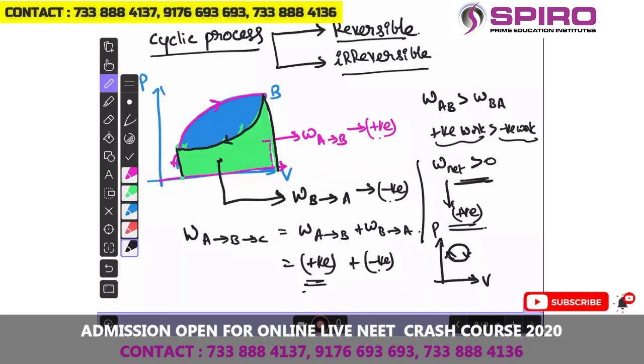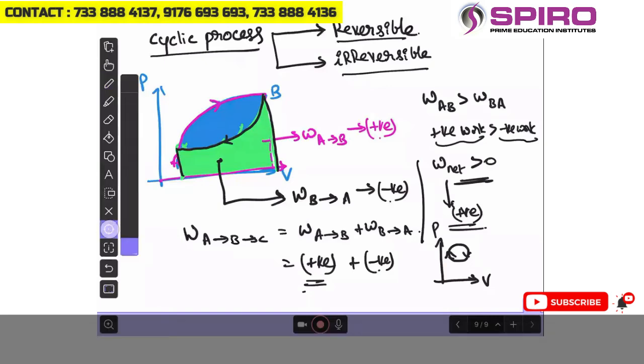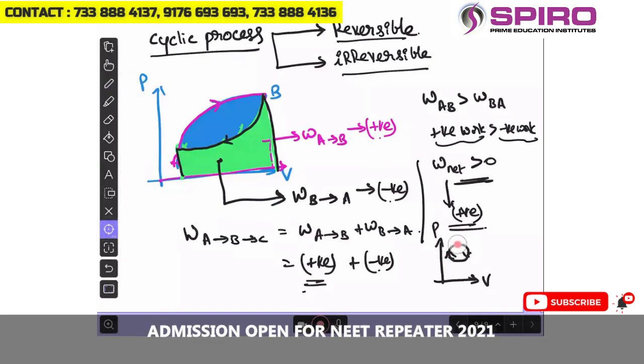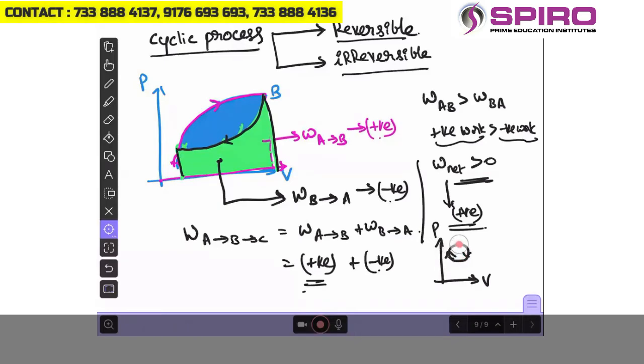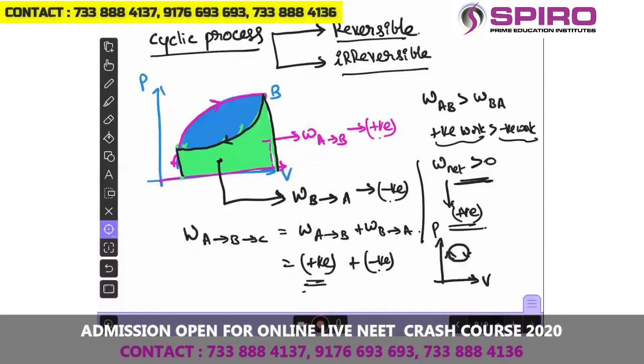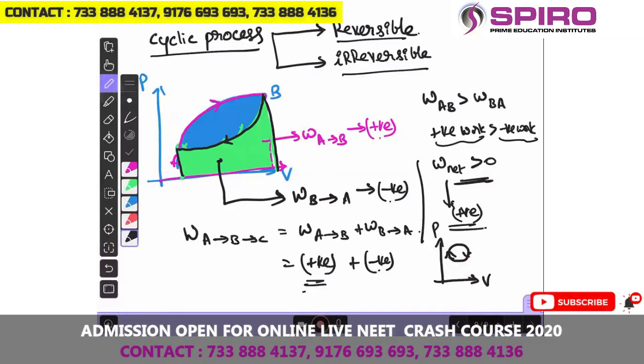From here to here volume is increasing, and from the maximum volume point to the minimum volume point, volume is decreasing. In this process, negative work. So always positive work is greater than negative work, and the area enveloped by the curve will always give you the work done.